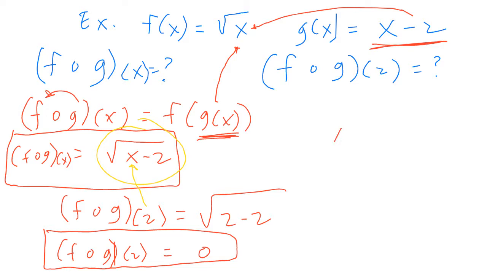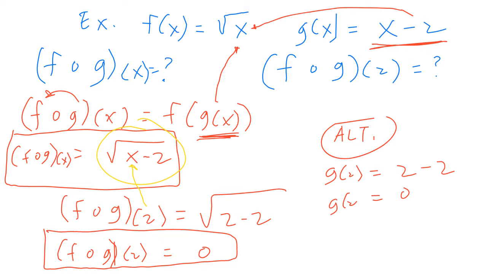Okay, so that's the value. We still have the alternate solution, second solution. If you want to do it in a different way, you can actually solve for g of 2 first, and then plug that 2 into your x here: 2 minus 2, that would be 0 for g of 2. And then when you do composition, you do f of g of 2, using the f of x.